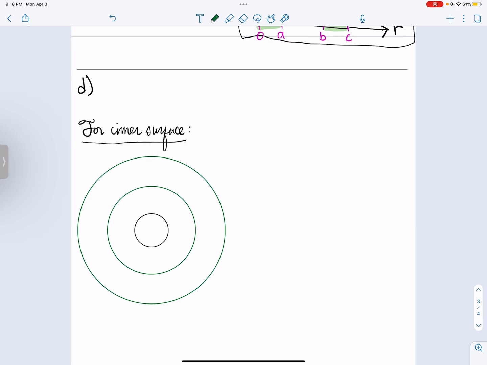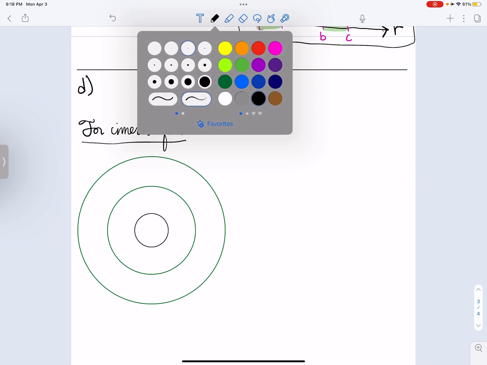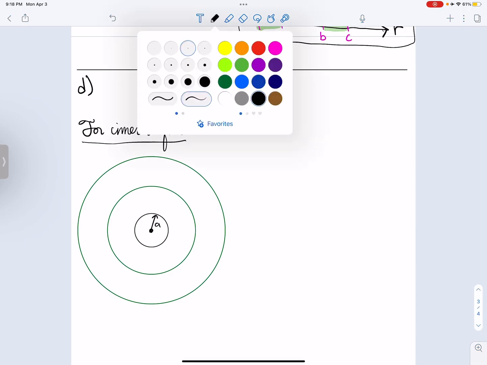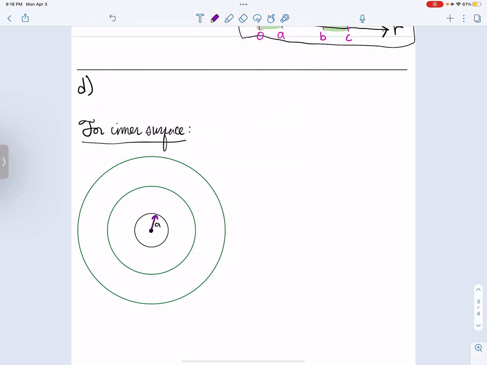So my inner cylinder has radius A. The inner surface of my outer cable is radius B. And the distance to the outer surface of my outer cylinder is radius C. Okay?